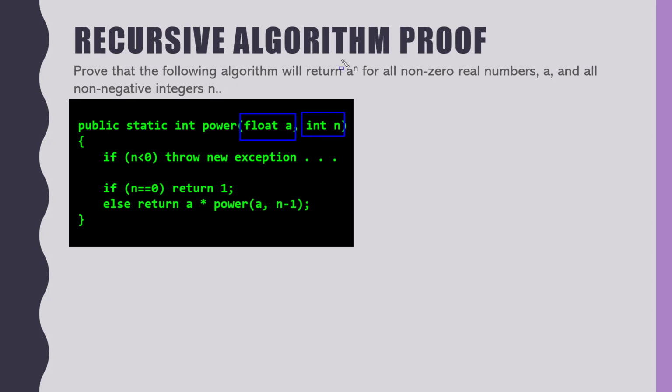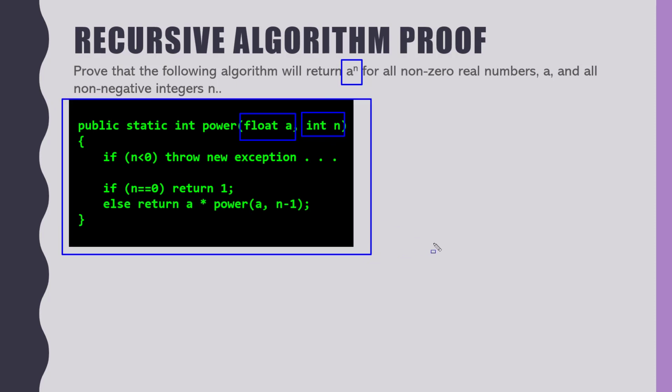We want to prove that it will actually calculate that for every single possible combination of a and n. That's an infinite amount of numbers for a and an infinite amount of numbers for n. Agreed? But yet we can, using mathematical induction, prove the truth of this recursive function here.